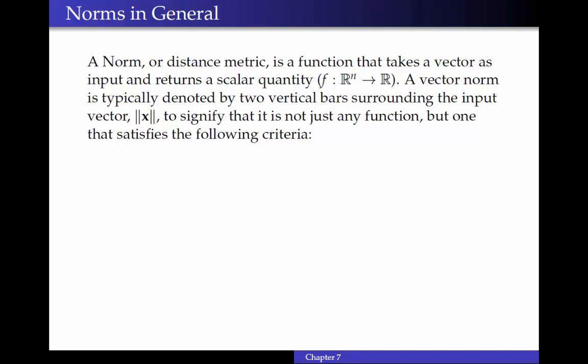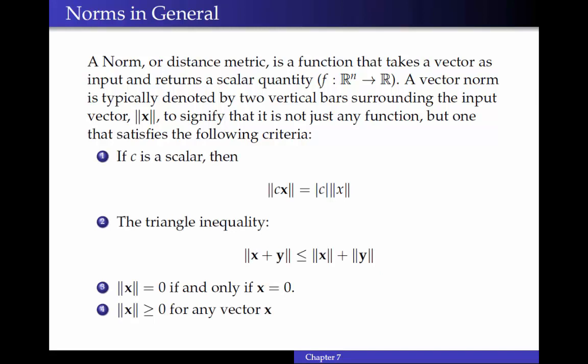We're probably not going to revisit them again, but these are good things to know, and some of them are quite intuitive. So the first one is that if I have a scalar, then the norm of a scalar times a vector x is the same as taking the absolute value of that scalar outside of the norm. I'm sorry, this should be a boldface x right here, so that same vector x. It's also got to satisfy what we call the triangle inequality.